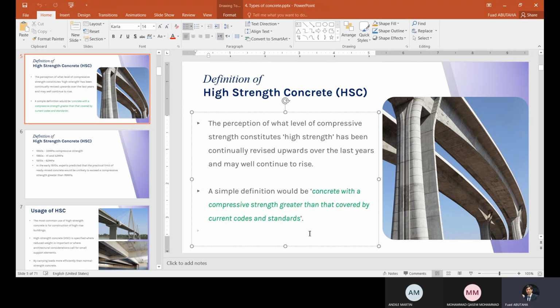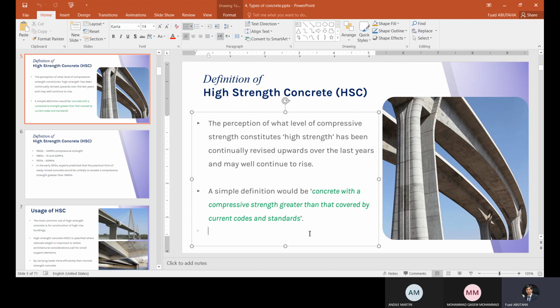When you design concrete with a specific compressive strength, the current standards or codes give you standardized methods and calculation sheets, and you go through these steps one by one to do your mix design: how much cement, how much aggregate, how much water you need to mix, and in which ratio, in order to achieve your target compressive strength.